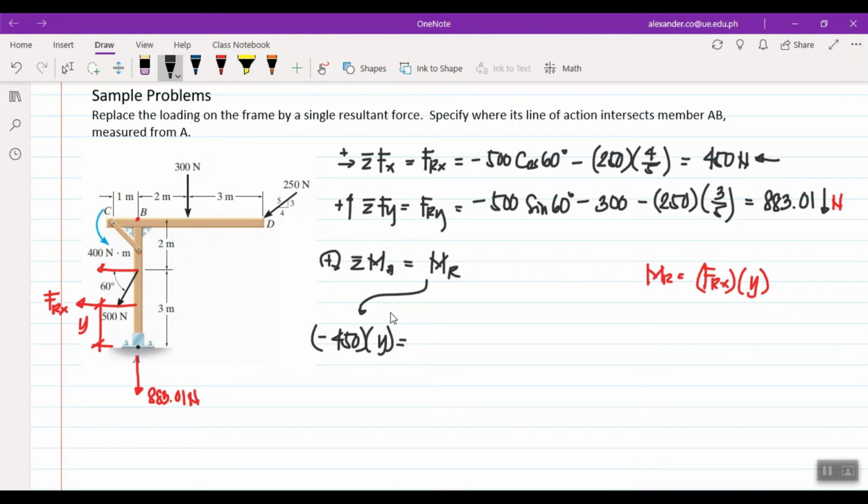Summation nga, di ba? So, isa-isahin natin. So, negative 500. Hindi siya negative dahil to the left, kasi ang rotation niya is counterclockwise. And the distance from here to here is 3. Next, this one. 300. Ang rotation niya positive. 300. Kasi clockwise. Lever arm from here to here. It's 2.